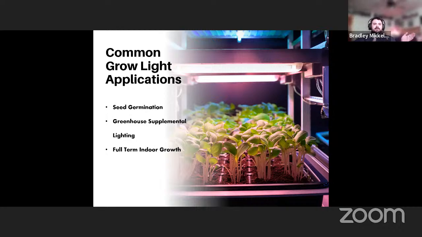And then you've got full indoor growth: controlled environment agriculture, indoor home gardens, things of that nature. And in those applications, you're going to want something that is bright enough and also dim enough at the same time.